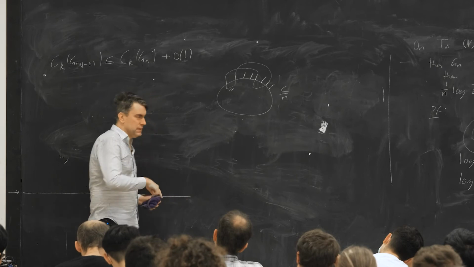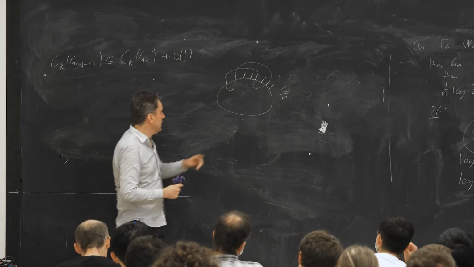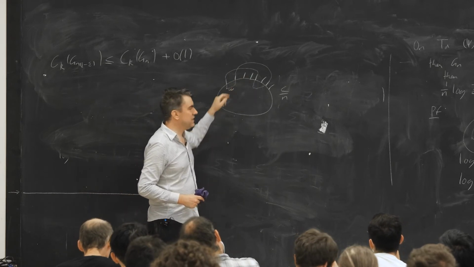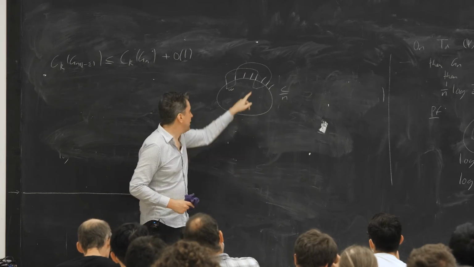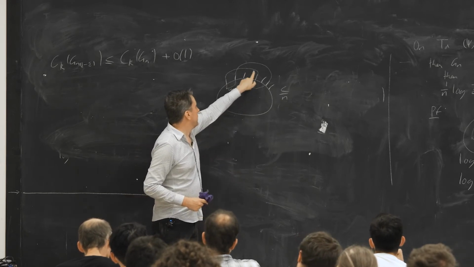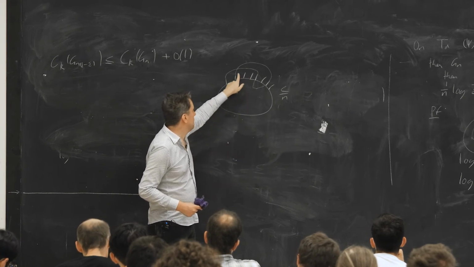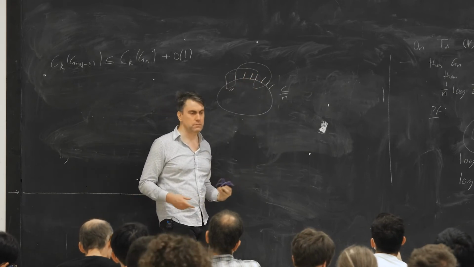In order to close a cycle, you need to add an edge that brings you back to where you started, and such an edge will have probability about 1 over epsilon n in the matching.